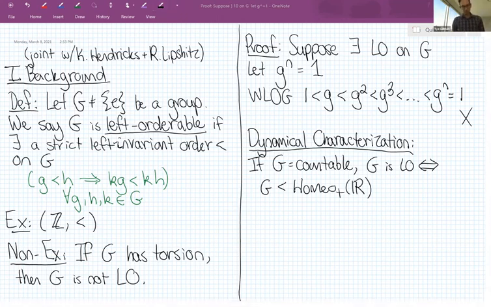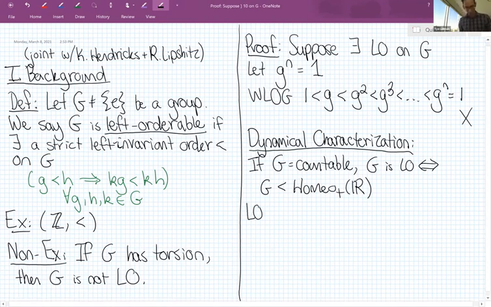Okay. So that's the general algebraic theory of left orderable groups. It's been around for many decades, with relations to algebraic problems about group rings and the word problem and so on. But I'm going to skip all of the rich history of this theory and jump into why we care about it from a topological perspective.